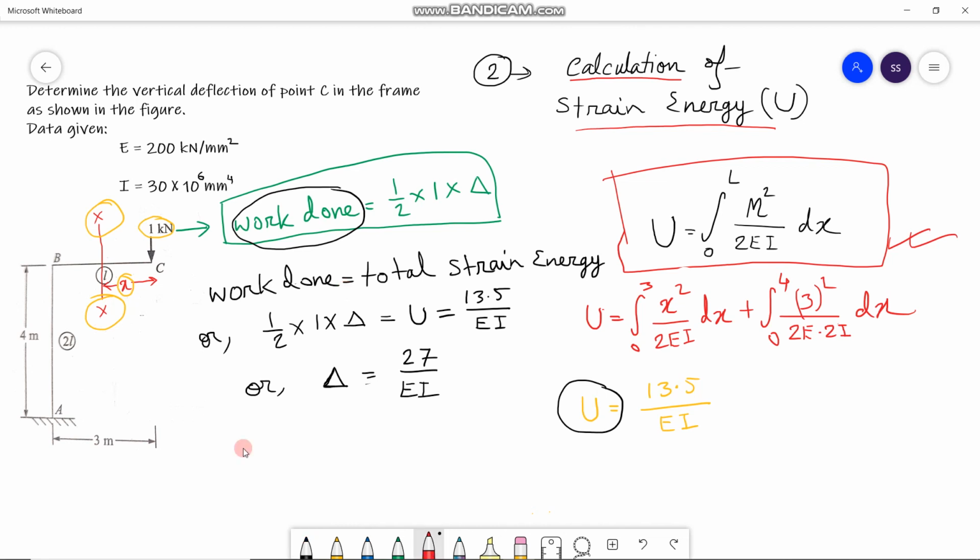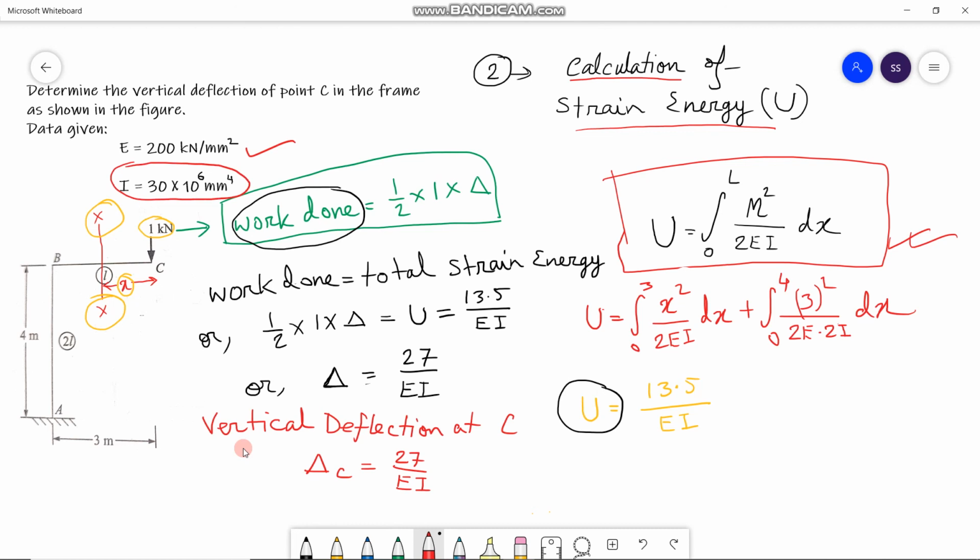So the vertical deflection at point C is delta C, that means 27 by EI, whereas as per the given numerical problem, we have E, modulus of elasticity, equals 200 kilonewton per millimeter square, and the moment of inertia I equals 30 into 10 to the power 6 millimeter to the power 4.